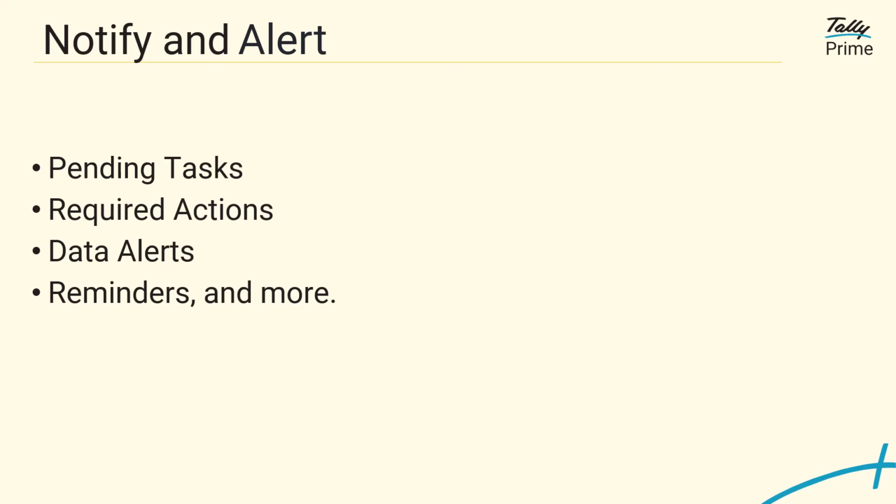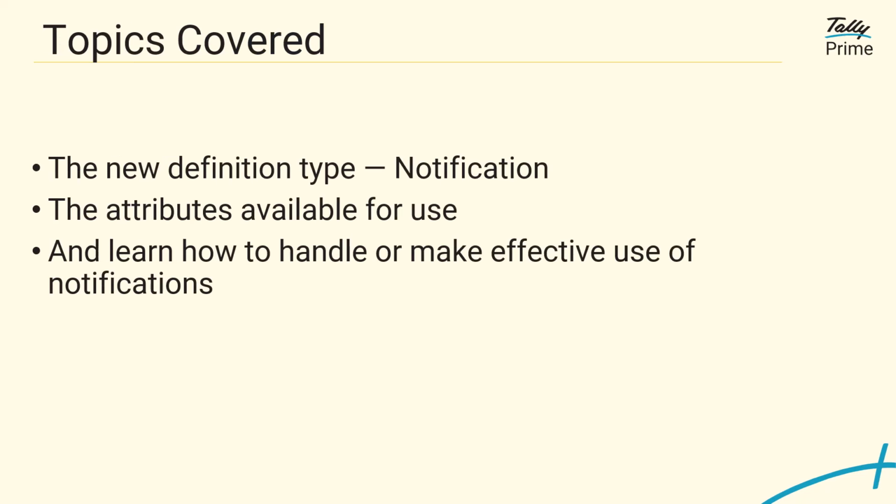It helps you design consistent, actionable notifications that appear within TallyPrime under the bell icon, and these can be fully controlled by you. In this video, you'll discover the new definition type, notification, the attributes available for use, and learn how to handle or make effective use of notifications.